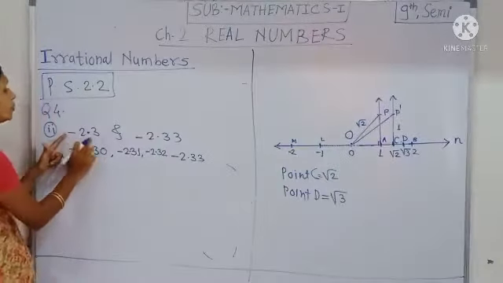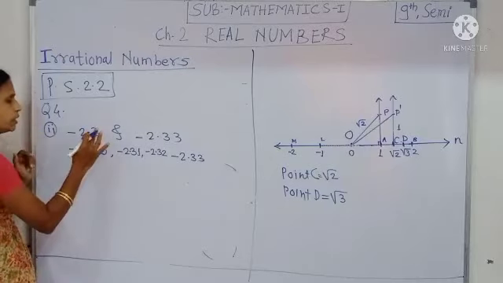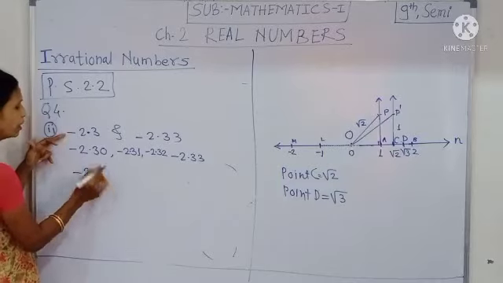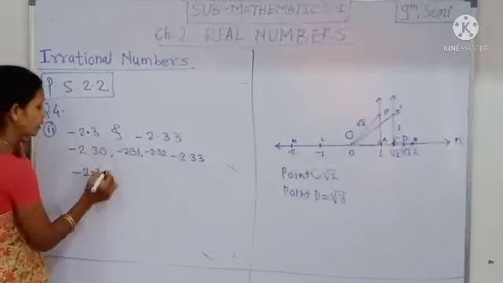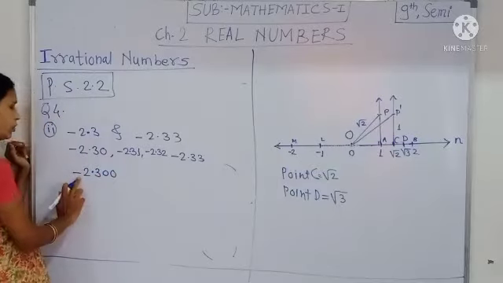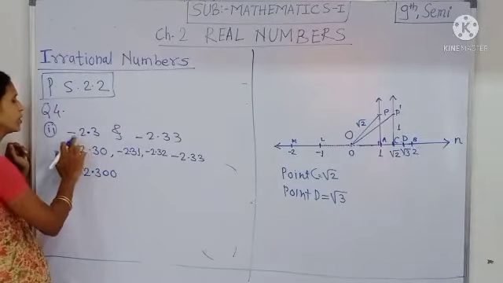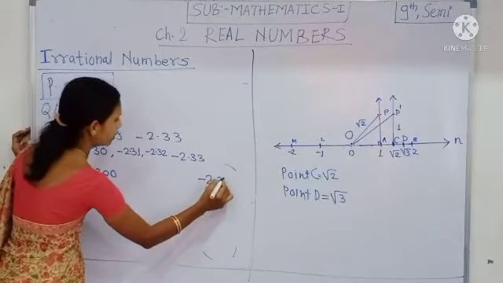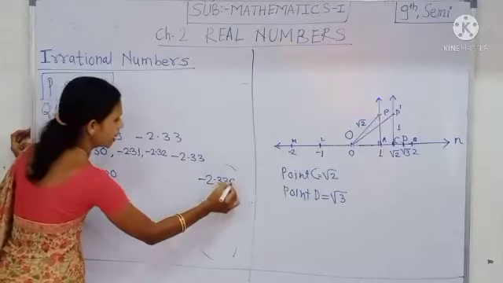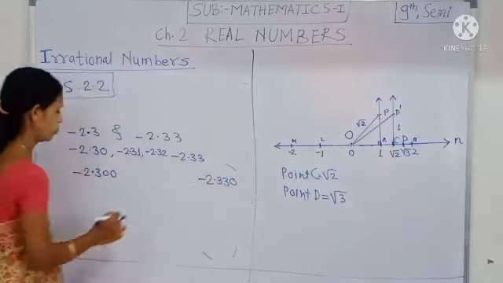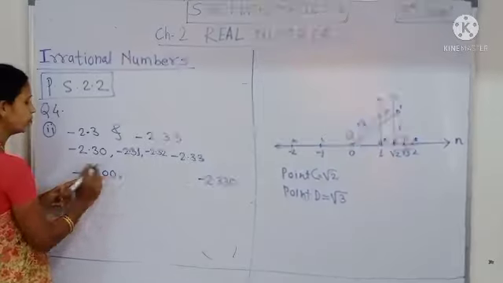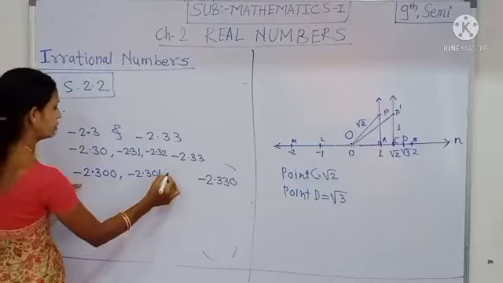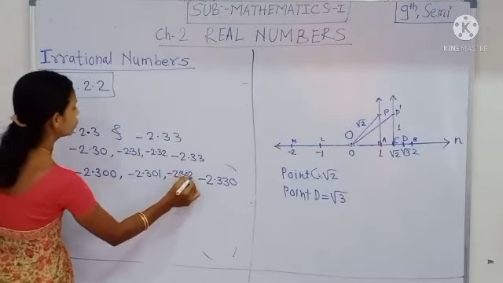But if we convert this number into 3 digits in its decimal form, that is minus 2 point, after the decimal point 300. See here, minus 2.300 means minus 2.3, as well as minus 2.33 means minus 2.330. Then we can write the numbers between those, that is minus 2.301, minus 2.302.